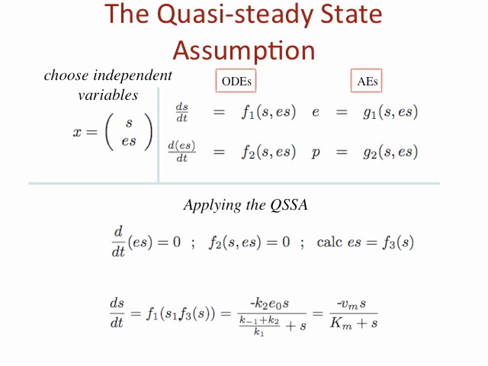We then take the differential equation for the substrate, f1, and substitute in f3 for ES, and now we have one differential equation in one variable, and we can solve it. As we solve it, we get the famous Michaelis-Menten equation.